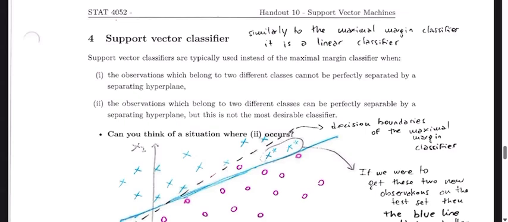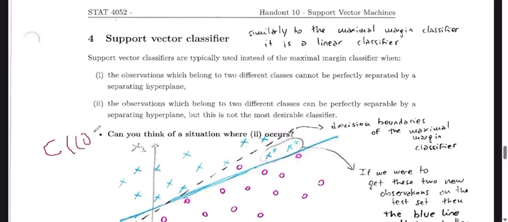The only key parameter here has to do with C, the cost. I'm going to write that now. So C, cost.